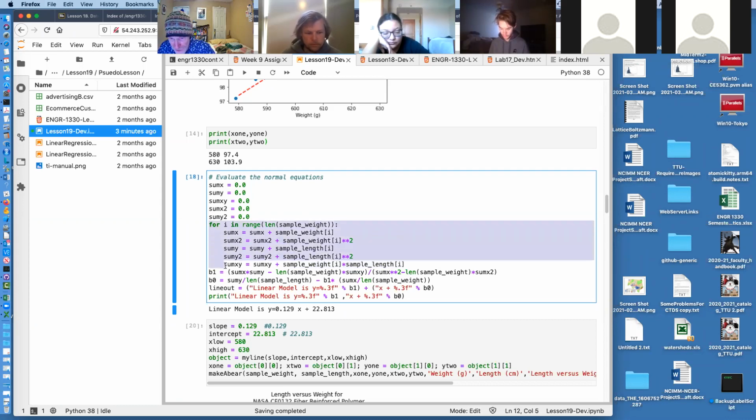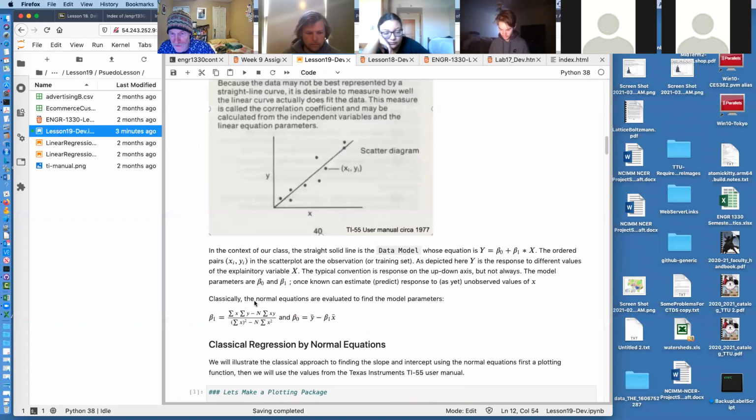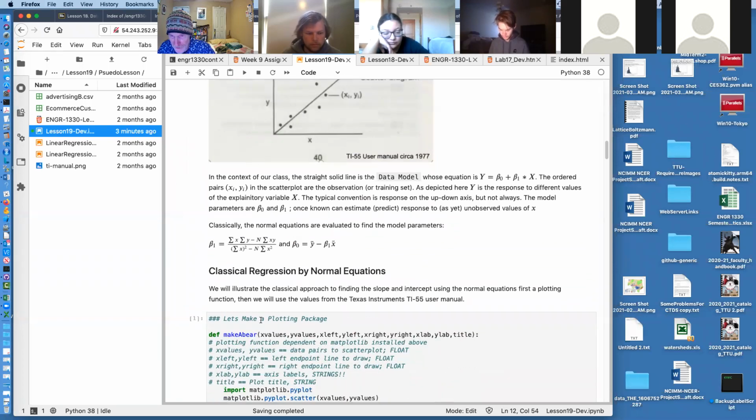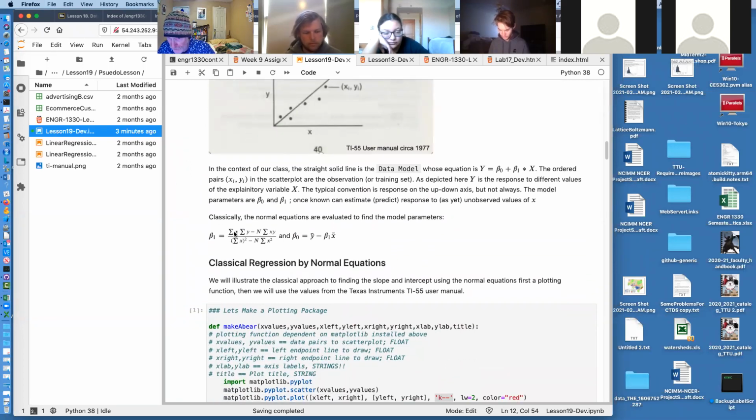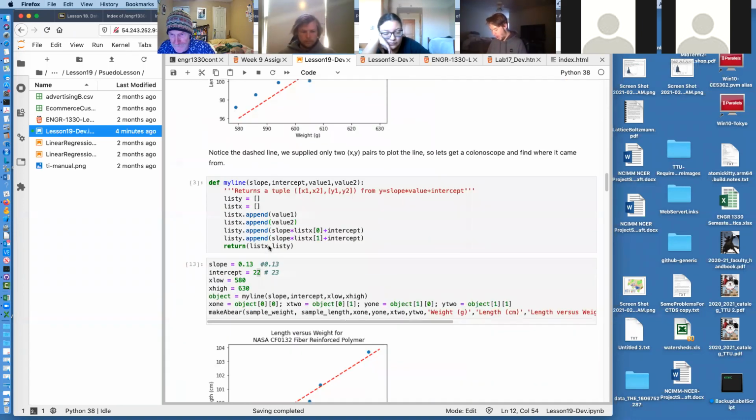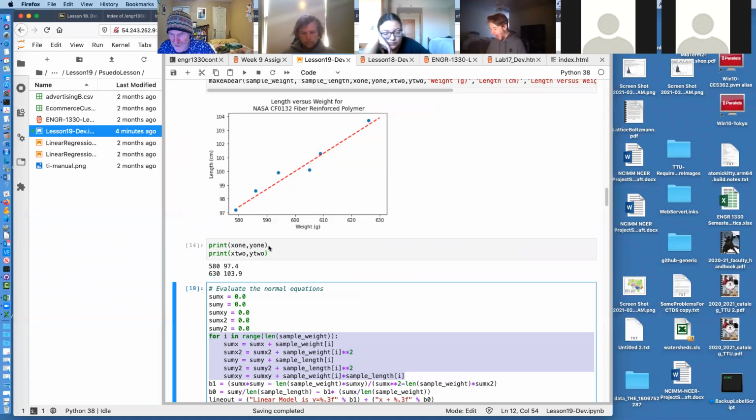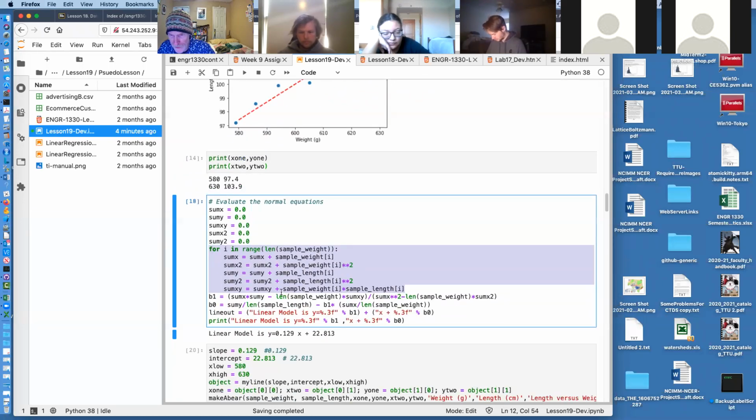When we pass through this loop, we now have all the pieces of the normal equations. This one's contained in sum x, this is sum y, this is sum xy, this is sum x squared. We don't have sum y squared, or maybe we do, but we don't need it.